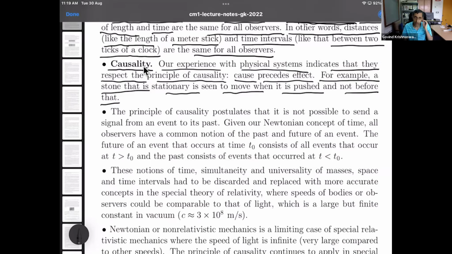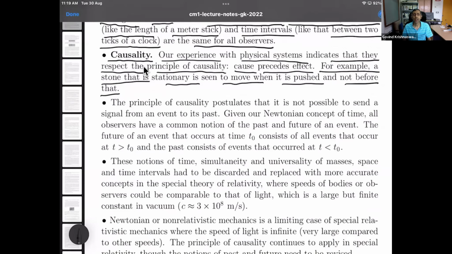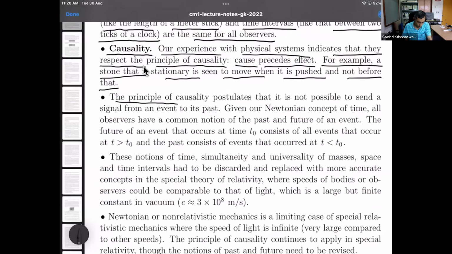But let me elaborate on that. I will say it in a different way. A swing is not observed to start swinging before I push it. This is our common experience. The principle of causality, said differently, postulates that it is not possible to send a signal from an event to its past.